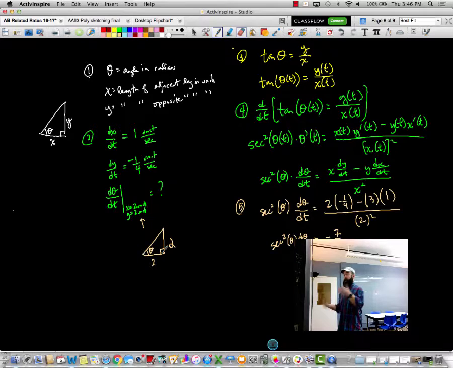So secant is hypotenuse over adjacent, so I would need the hypotenuse of this triangle, which, if my calculations are right, would be the square root of 8. So the secant of that would be square root of 8 over 2, and when you square that, you get 8 over 4, which is 2.